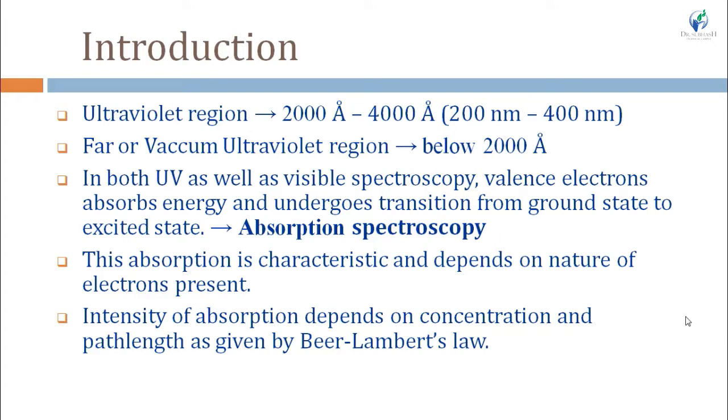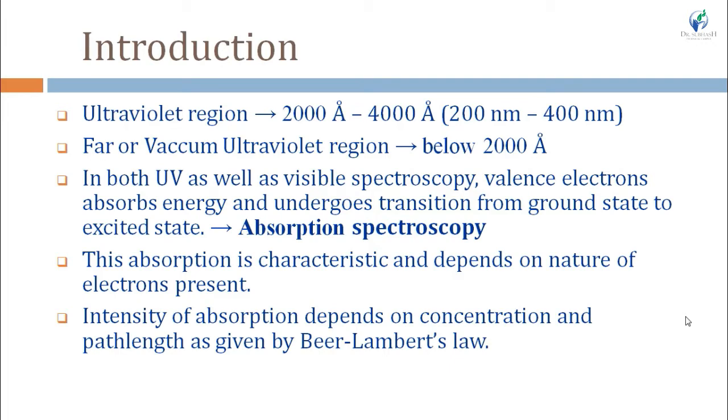We have seen that the wavelength range of the visible region is 400 to 800 nanometer and the ultraviolet region is 200 to 400 nanometer, which means 2000 to 4000 angstrom.